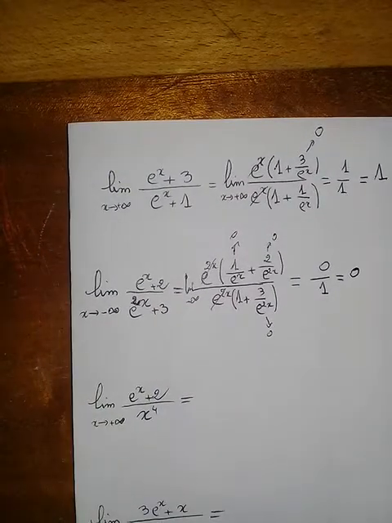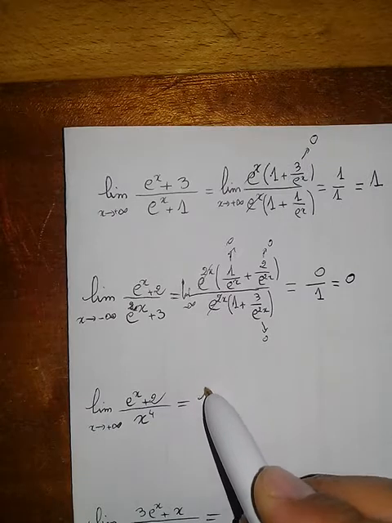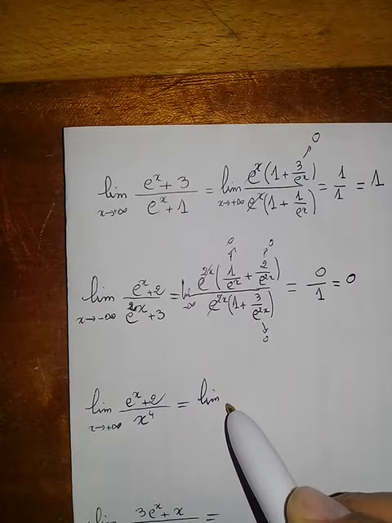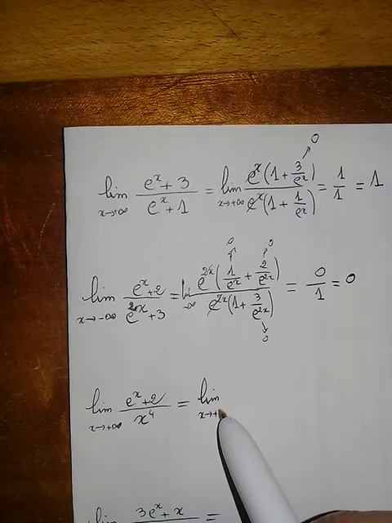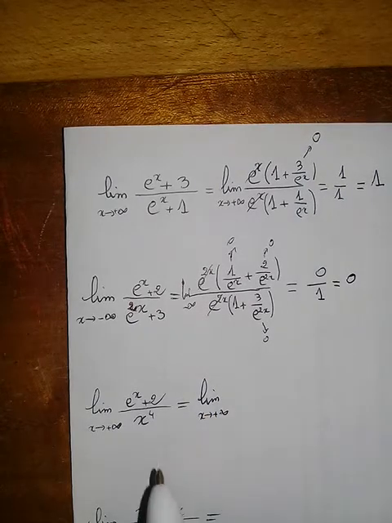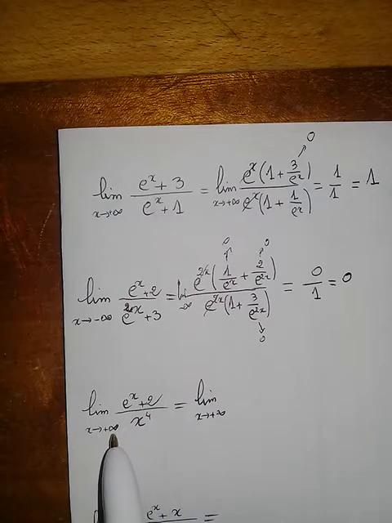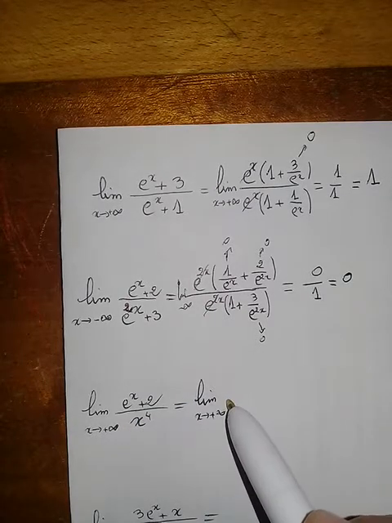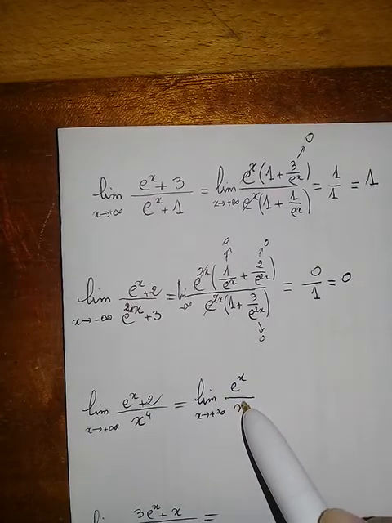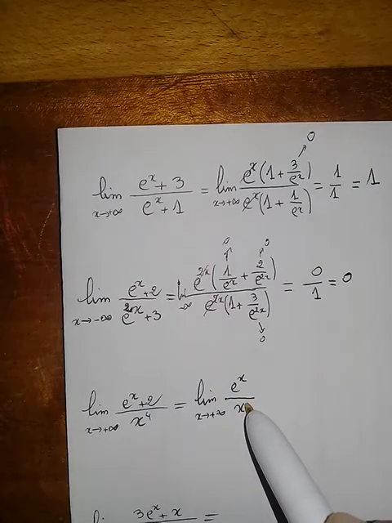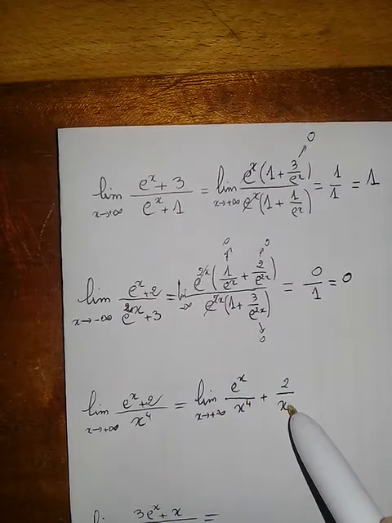The third example, here it's the limit when x goes to positive infinity. Here we can divide this and have two fractions, so it's e to the x over x to the 4th plus 2 over x to the 4th.